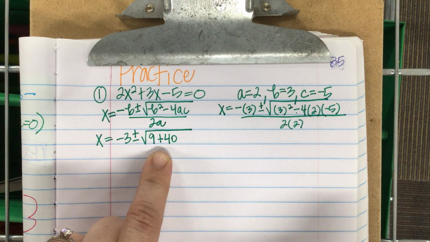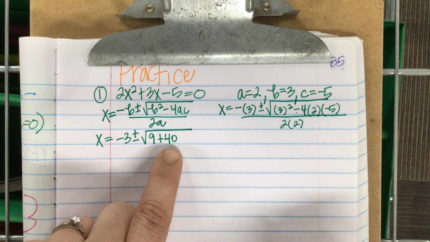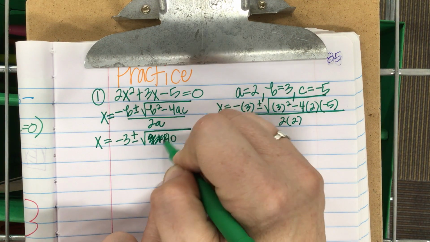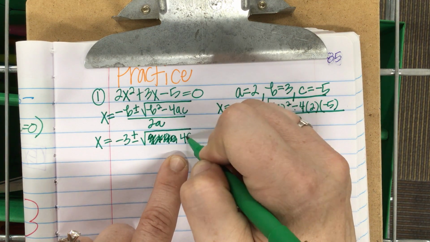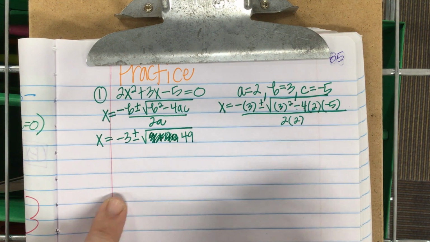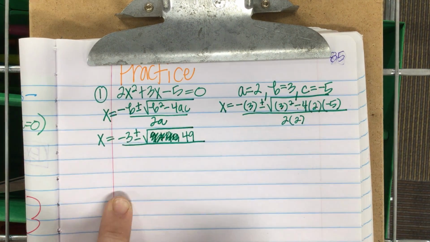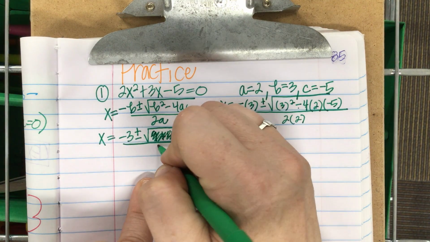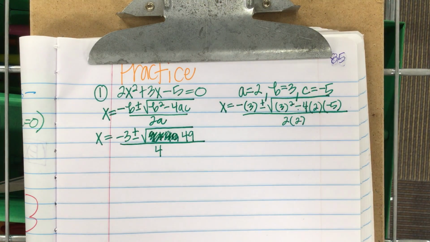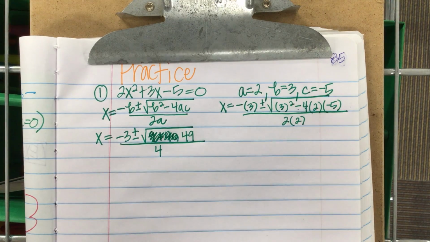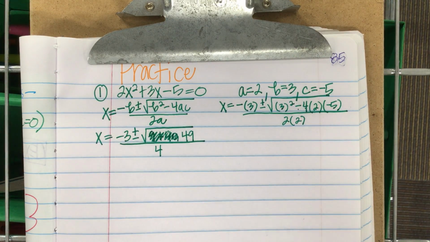And then I look at that and I say, oh, 9 plus 40 is 49. So I'm going to cross that out and put 49. Divided by 2 times 2 is 4. Now I can use my calculator, or maybe even mental math, to find my solutions.